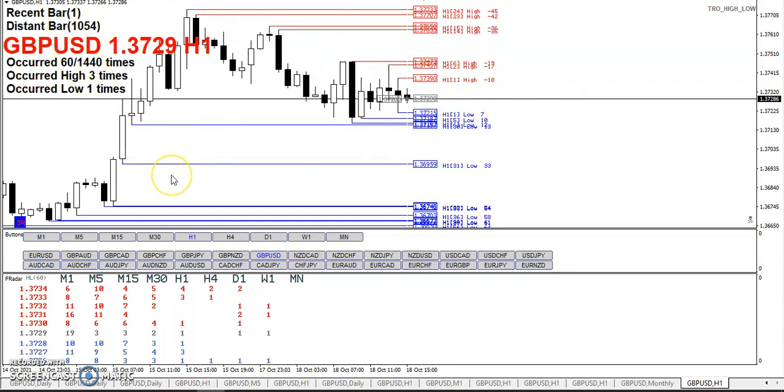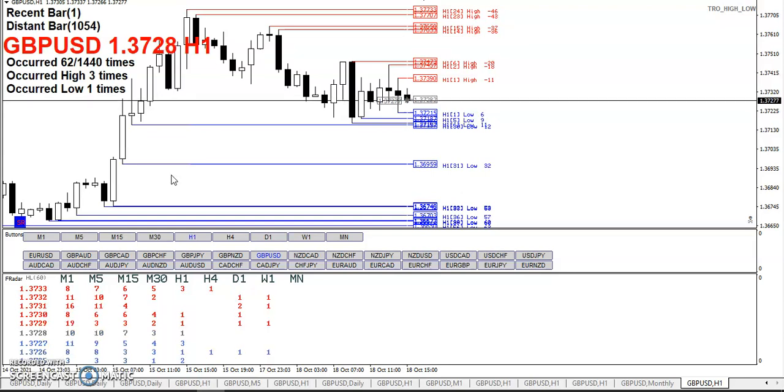So what does that tell you? Well, if it's been a high 3 times, that means price stopped at the high there 3 times. And if it's been a low 1 time, price only stopped at the low 1 time. Where do you think price would go from this point? You think it would go up or down?